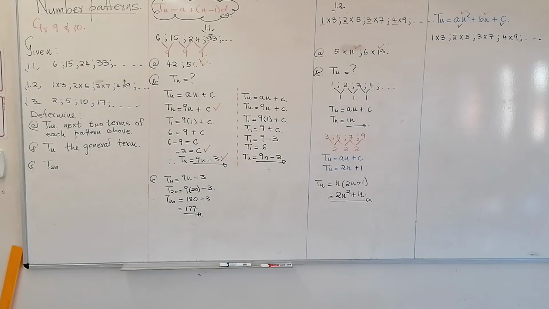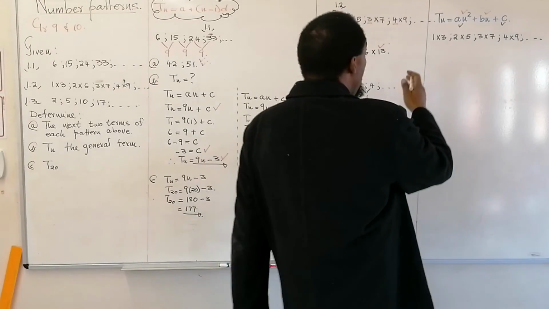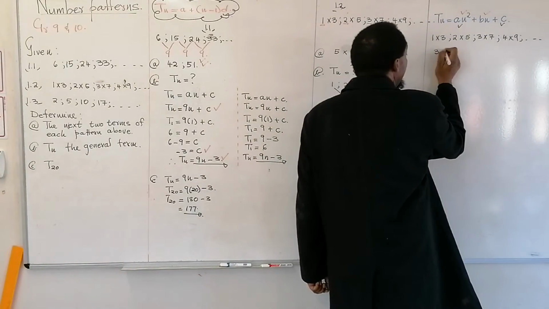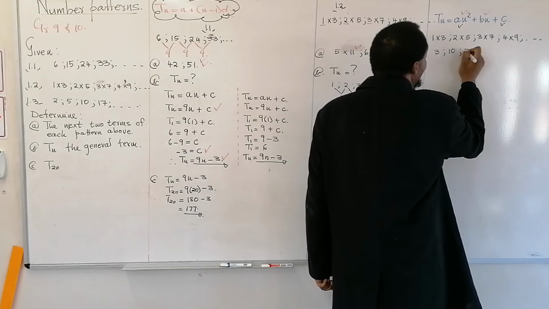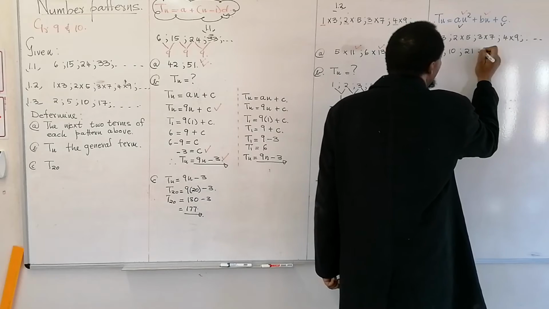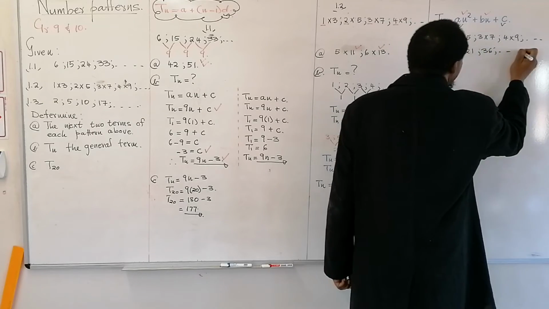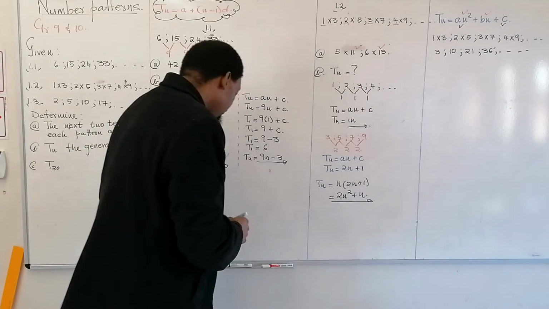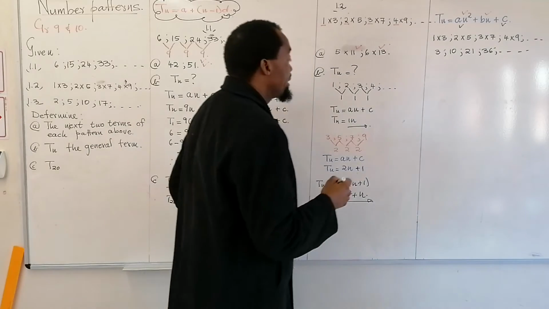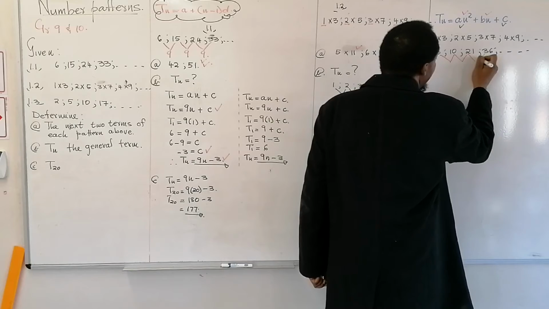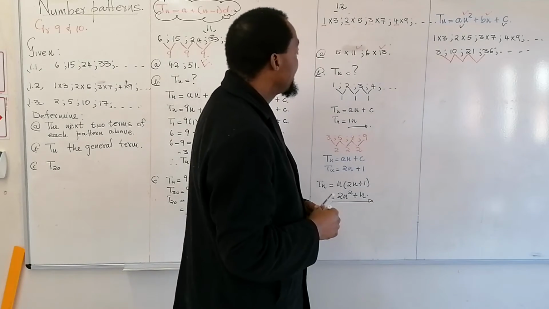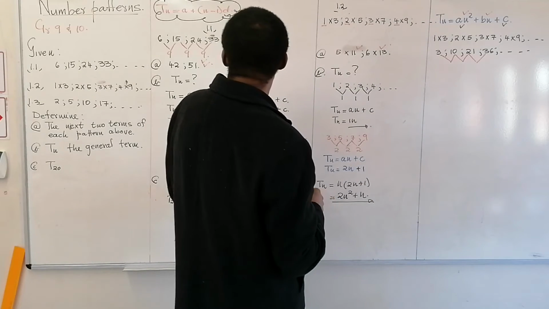I can simplify all those terms. I simplify them. 1 times 3 is a 3. 2 times 5 is 10. 3 sevens are 21. 4 nines are 36. Then, next thing is, I determine the difference between successive terms.